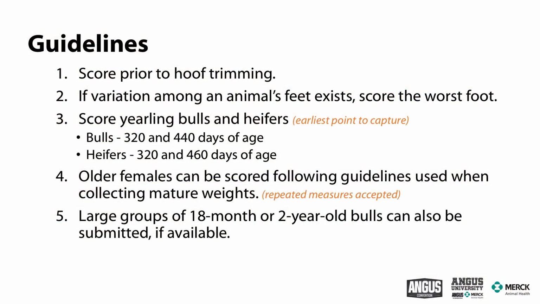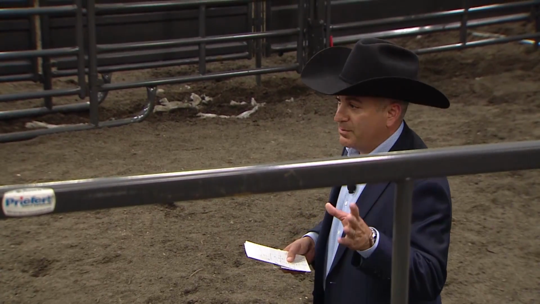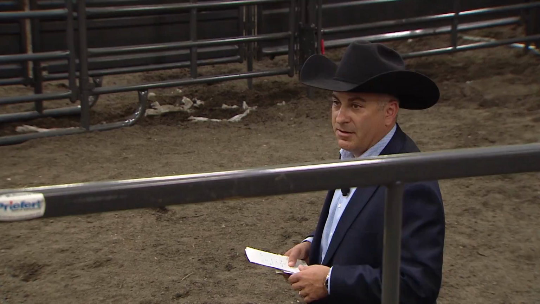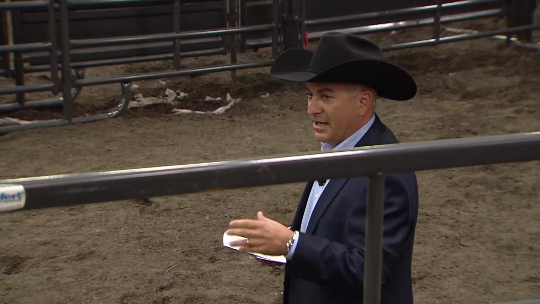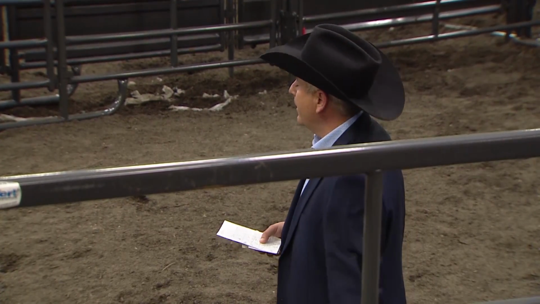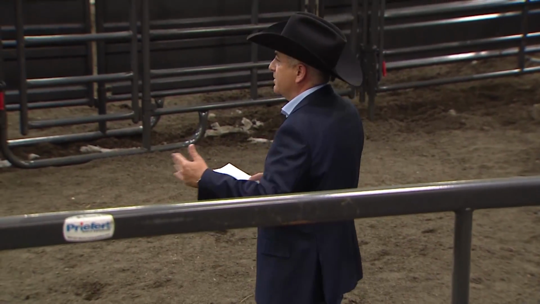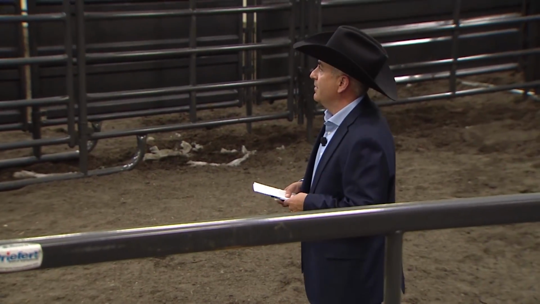And then, of course, the recommendation, the earliest you can score the bulls and the heifers is both the same, at 320 days. Older females can be scored, and we'll talk about the importance maybe of some repeatability and possibly doing those females twice, maybe as a yearling or as a bred heifer, and then again as a young cow, because I think those of you that have taken some of this data certainly understand the changes that go on during that female's lifetime, and that helps to document some longevity as well.